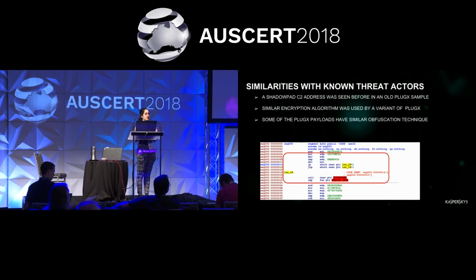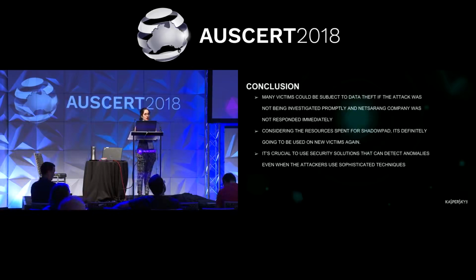Apart from that, Avast had concluded somehow the same thing, that the attack was coming from Chinese-speaking actors that used PlugX and Winnti malware in the past as well. Conclusion: if the attack on NetSarang was not stopped early, and if the company didn't respond early to take off the infected software on their system, it would infect lots of organizations around the world.